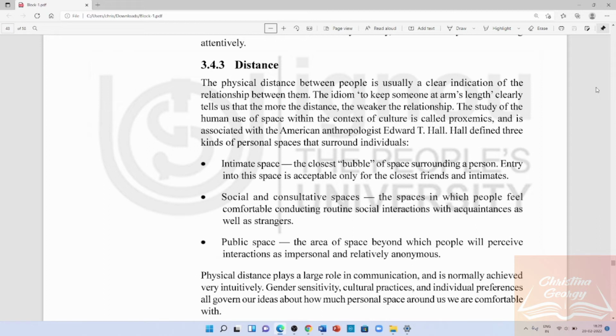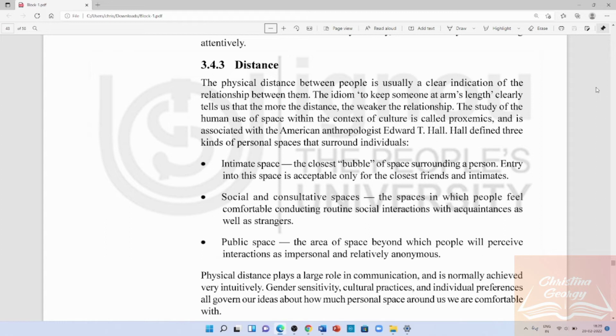It is associated with the American anthropologist Edward T. Hall, and Hall defined 3 kinds of personal spaces that surround individuals. They are namely intimate space, social and consultative spaces, and public space.